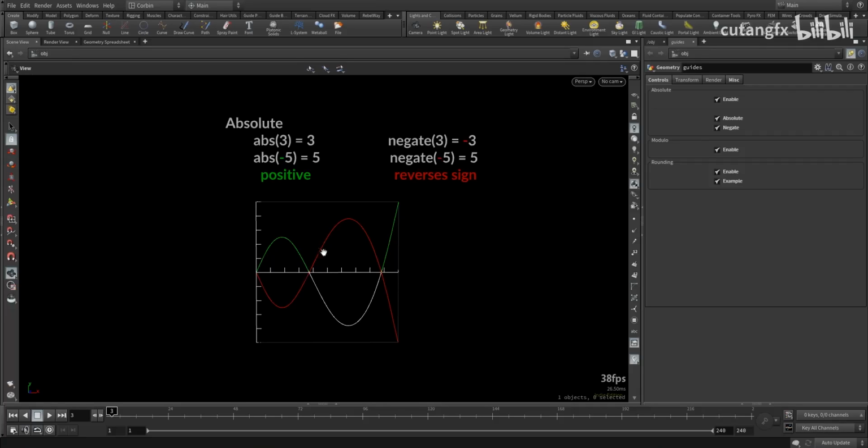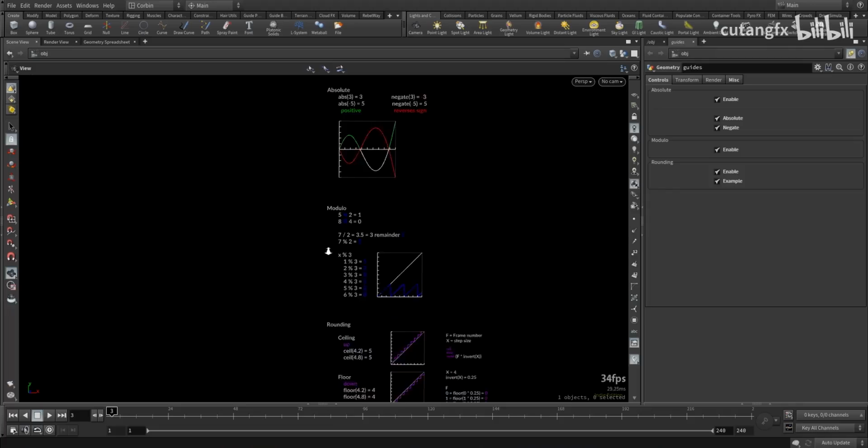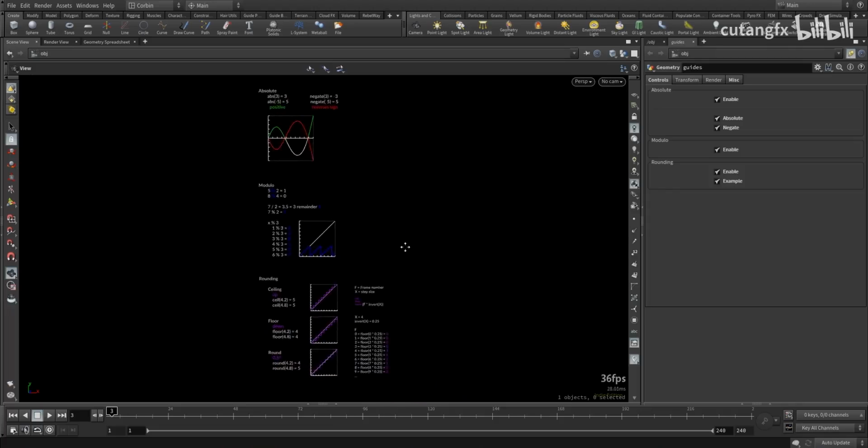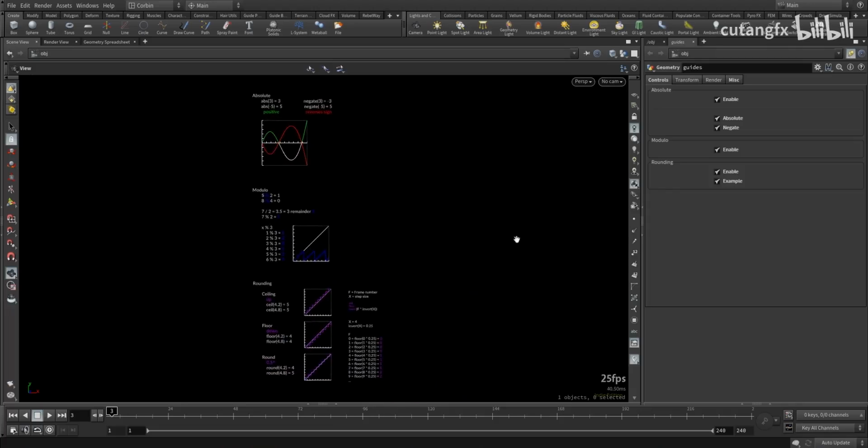You can make them all positive, or you can reverse them completely, or you could even do both and make them positive and then reverse them, and so you get only negative values. Great. So I hope you find that really useful, because these are some of the things I've used the most when working with simulations.